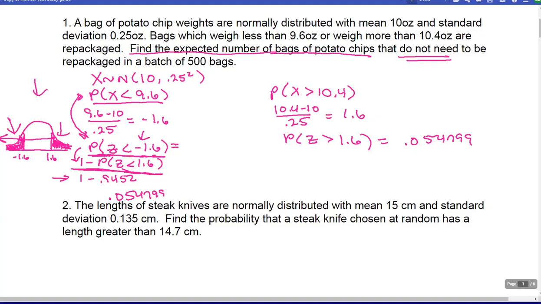So if both of those ends are each 0.05479, how can I figure out the middle?